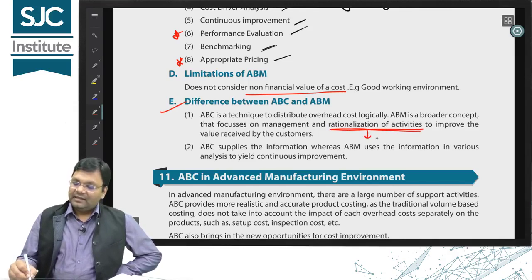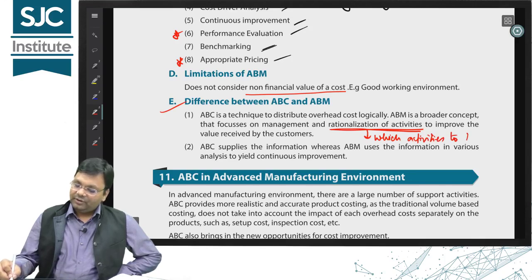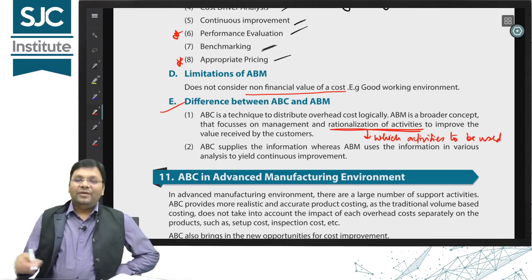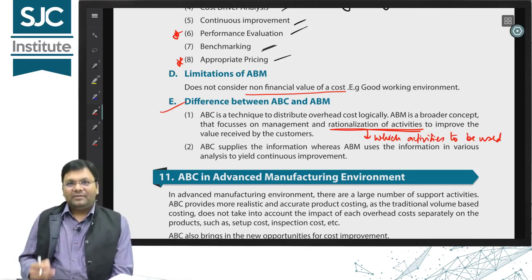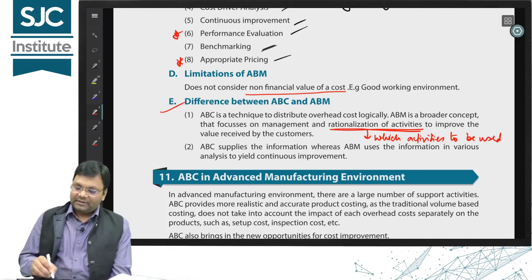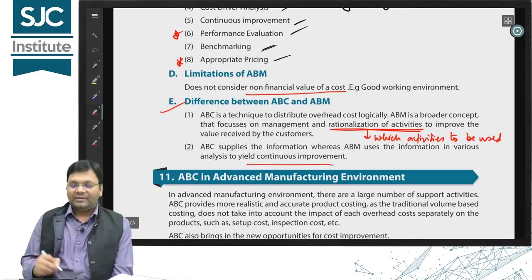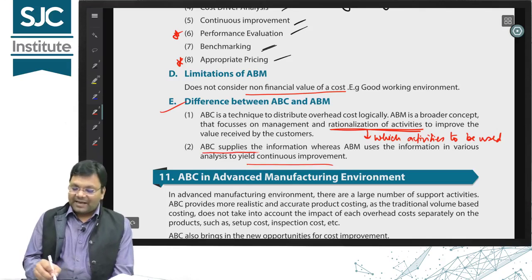Rationalization means which activities to have, which activities should not be used, which activities to be used to improve the value received by customers. ABC supplies the information, whereas ABM uses the information in various analyses to yield continuous improvement. So ABC is the supplier of information, ABM is the user of information.